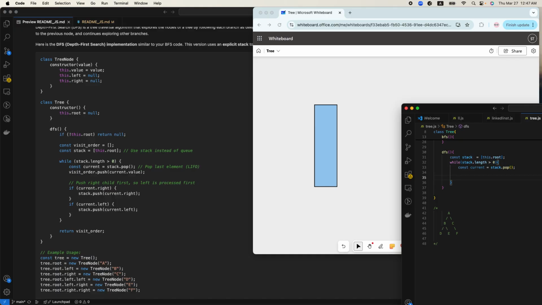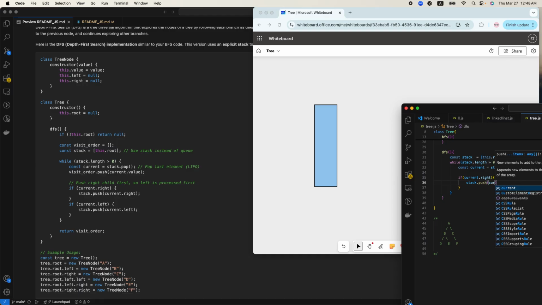I'm saying that for the removed node, current.right or current.left, it doesn't matter. For example, I start by adding the right side. If it has a right child, add that to the stack: stack.push(current.right), and also we need to check its left child.